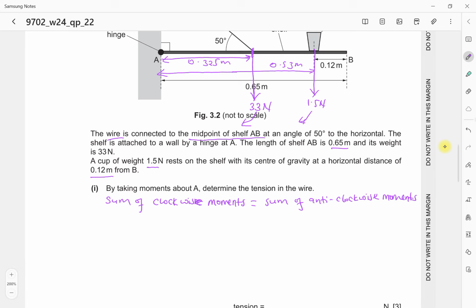So that would be 33 times the perpendicular distance. Of course, we know that moment equals the force times the perpendicular distance from the pivot.